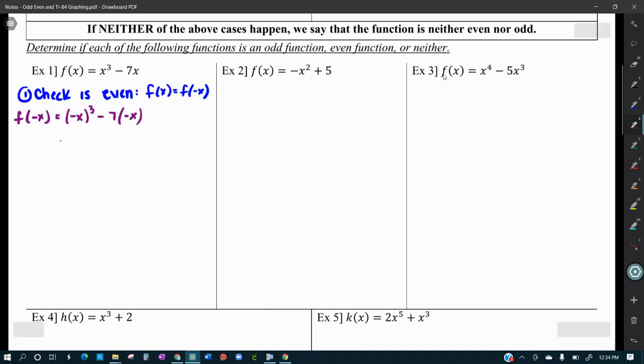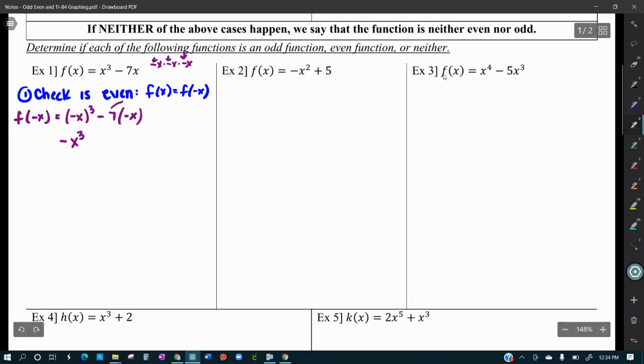So this ends up being negative x to the third, because negative 1 times negative 1 is positive 1, times another negative 1 results in the negative in front, and then x times x times x makes x to the third. It just ended up being the same as it was originally.